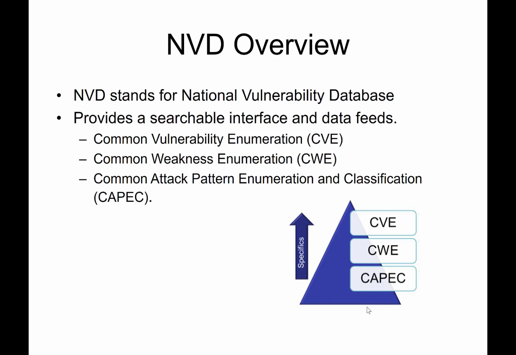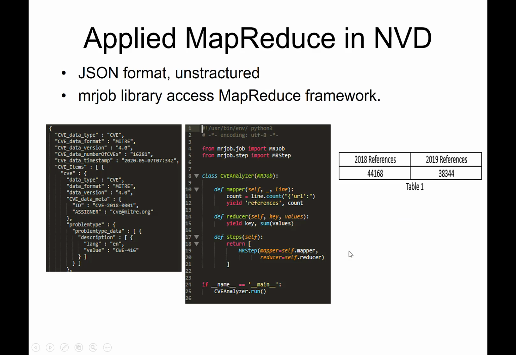Each category is a CVE, and the higher level that contains the CWE is the next one, Common Attack Pattern Enumerations and Classifications, which stands for CAPEC. In all experiments, we just take two years, 2018 and 2019, to do all experiments.